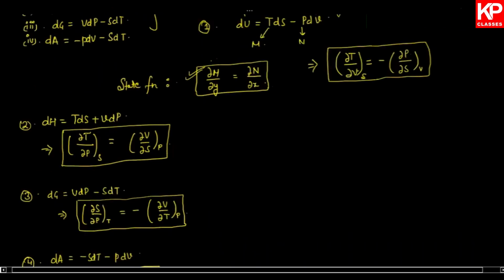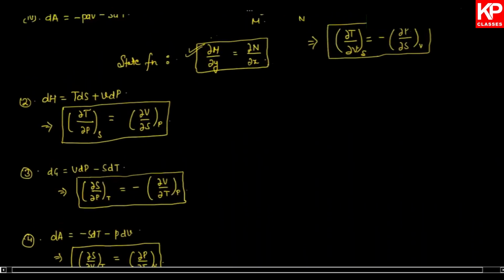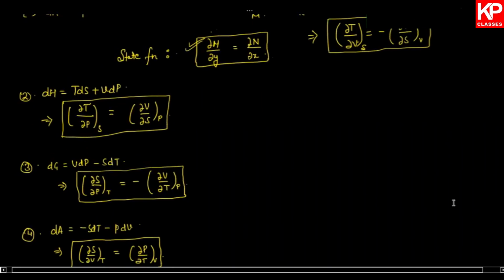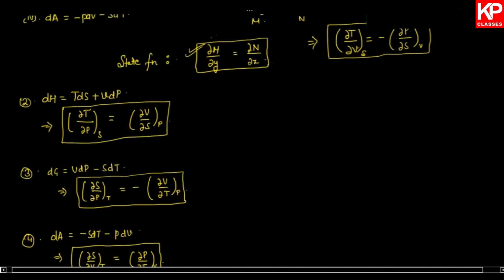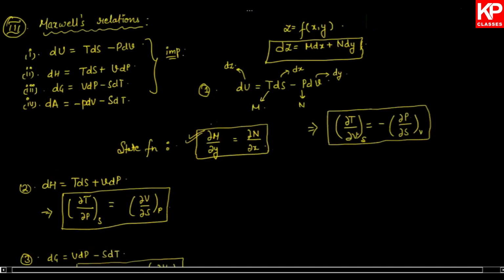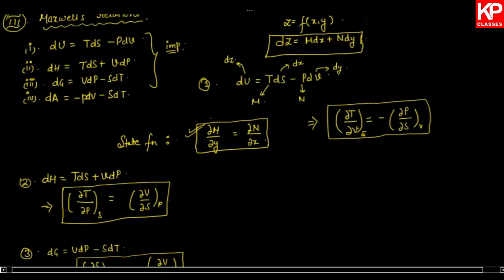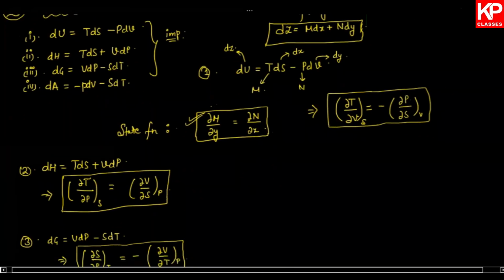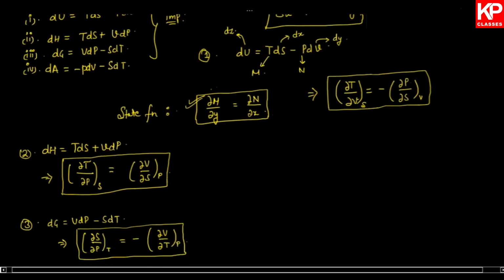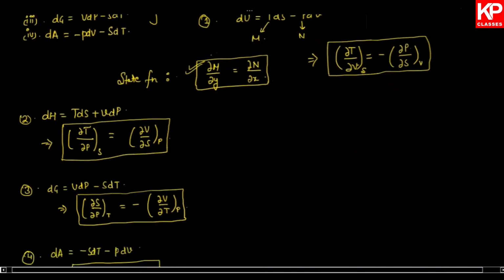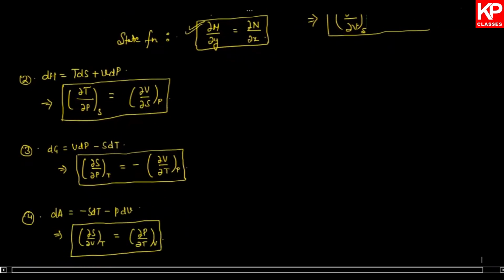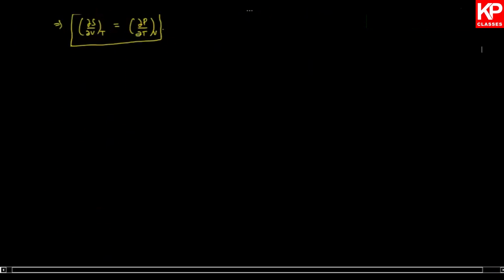All right, so verify your answers with the answers that I have written. Because if any particular term is missing or written wrongly, then you will get a wrong expression. So please make sure you check all these four relations with how I have written them down.